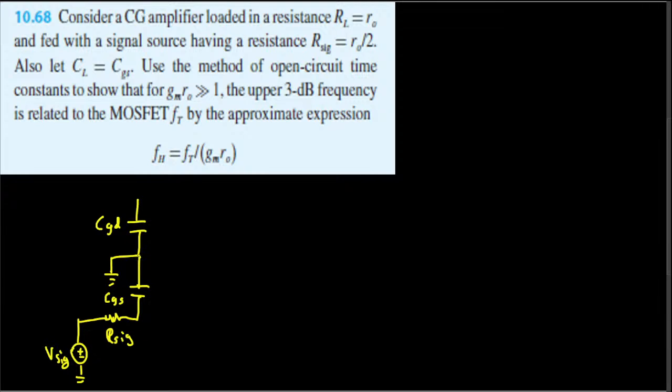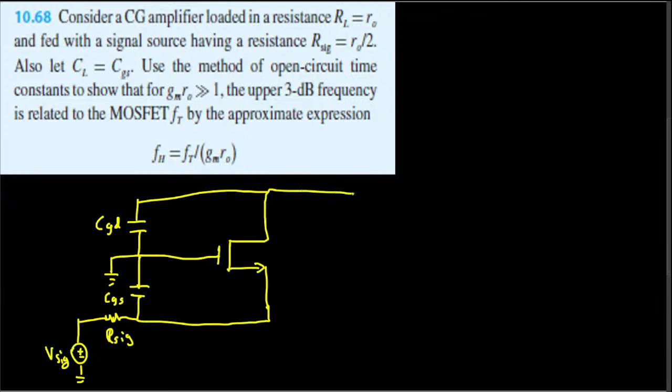This is the gate of the MOSFET, connected to this. So the MOSFET is right here. And here we will have the RO resistance, and here we have the load resistance RL.